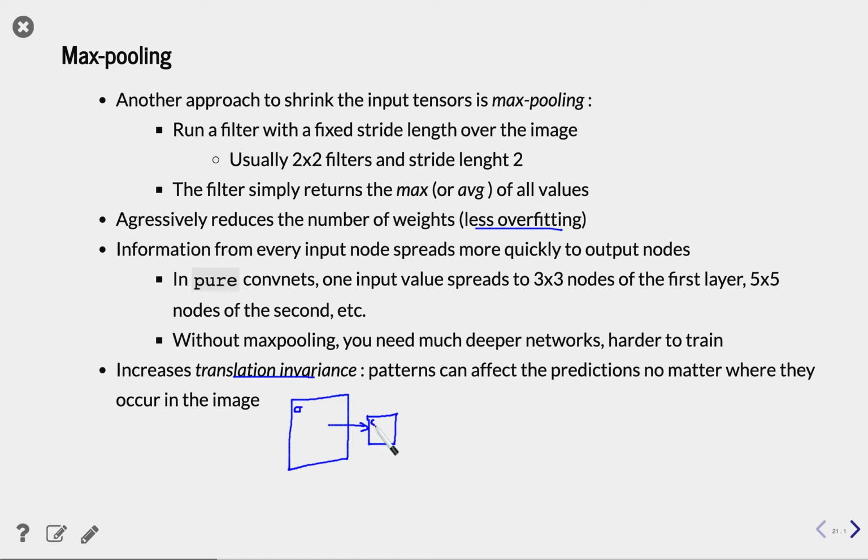Max pooling will then halve my resolution in every dimension. So we get a 13 by 13 output, same number of filters. And in the next convolutional layer, we increase the number of filters to 64. We again lose some pixels at the edges and so on.